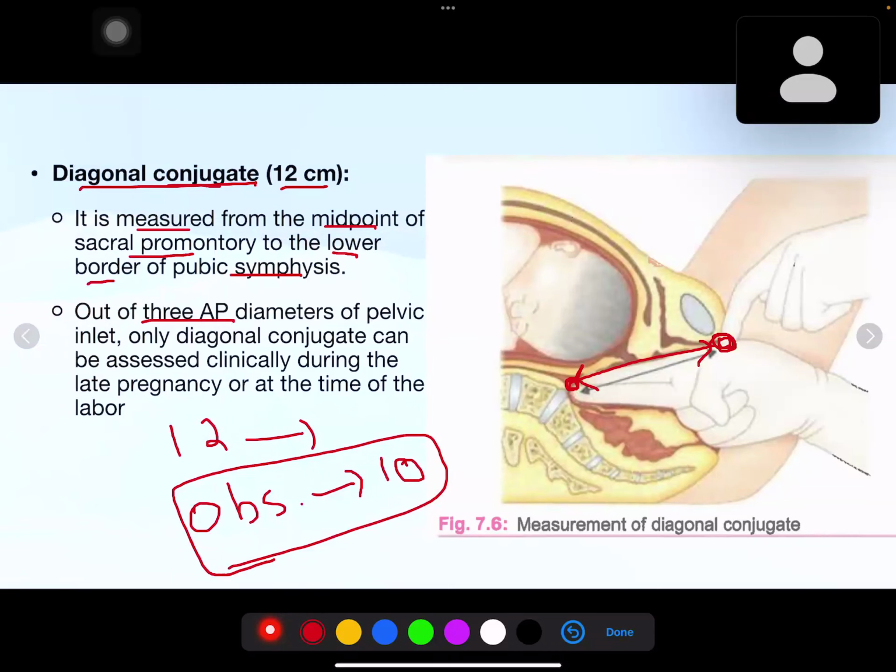Out of 3 diameters, only this can be assessed clinically during late pregnancy or at the time of labor. So these 3 diameters, you just have to know the basic knowledge, and then you can remember easily what the diameter of obstetric, true, and diagonal conjugate is. Okay, 10, 11, 12. This they can ask you.